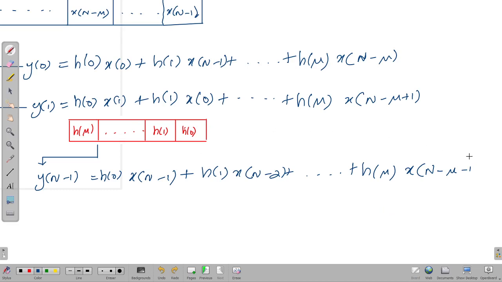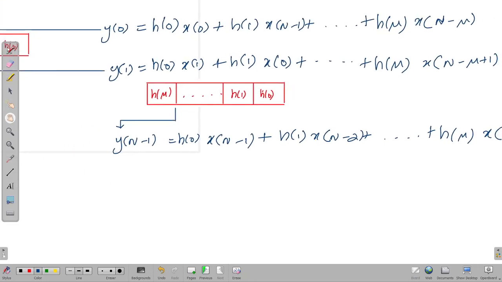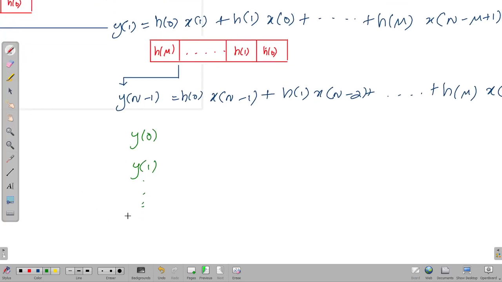And what do you see here? What do you see here? If I represent this as a matrix, it would look like y of 0, y of 1, etc., etc., up to y of n minus 1.